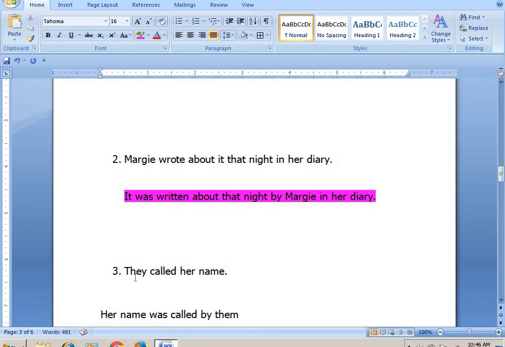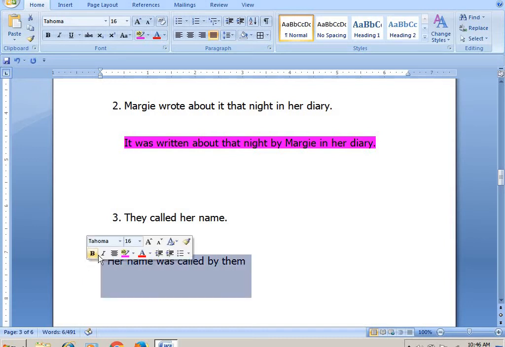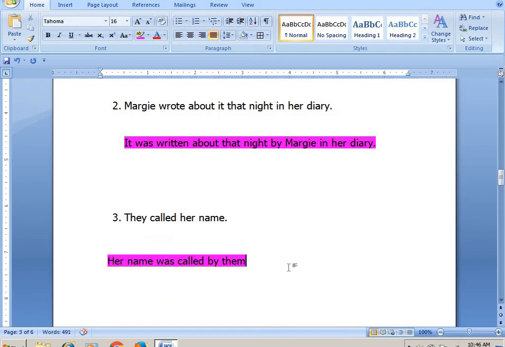Got it, students? Okay. Her name was called by them. They becomes them in the passive voice.